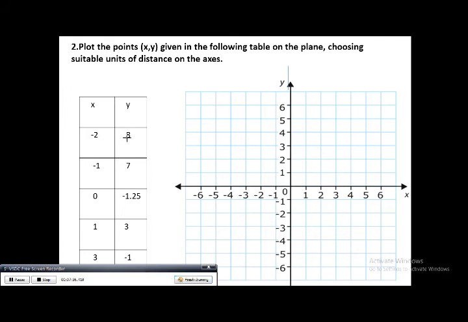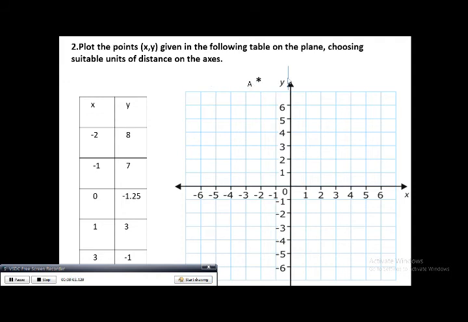Now listen, our first point is (-2, 8). X is -2. Students, in this graph the y-axis goes only up to 6. So we can identify this point as 7 and we can assume this one is 8. So the point (-2, 8) will lie at this point.